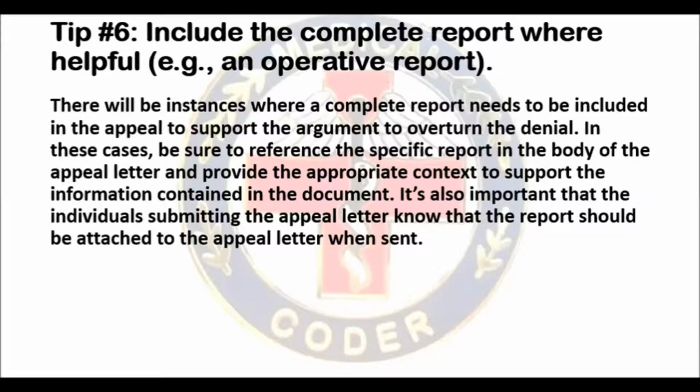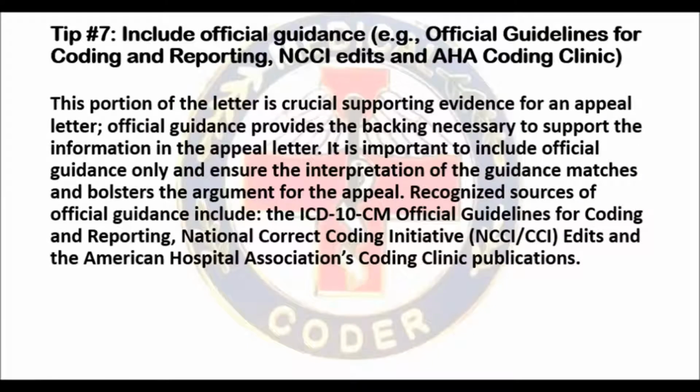Tip number 7, include official guidance, for example, official guidelines for coding and reporting, NCCI edits and AHA Coding Clinic. This portion of the letter is crucial supporting evidence for an appeal letter. Official guidance provides the backing necessary to support the information in the appeal letter.